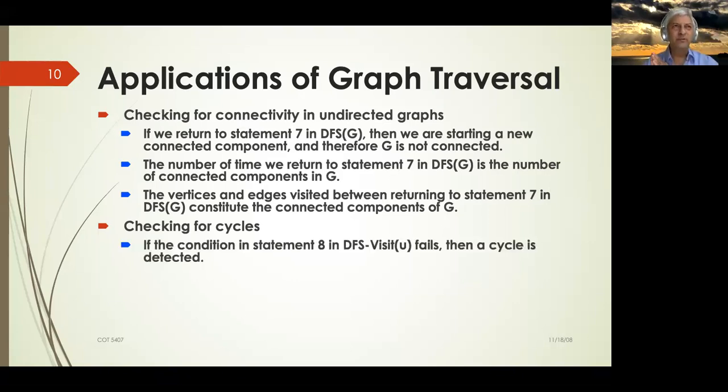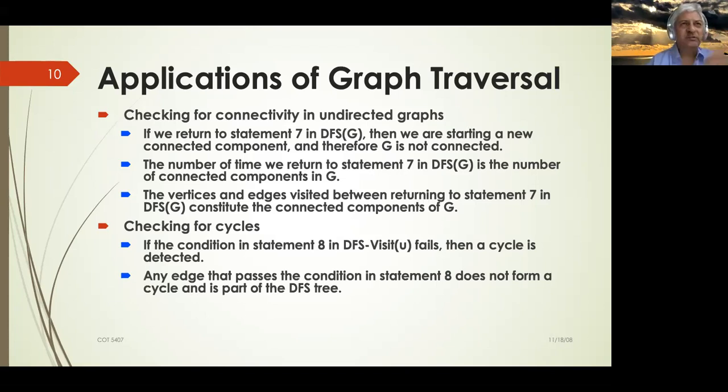So restating what I just said, statement 8 checks whether the vertex is white in color. If that condition fails, then a cycle is detected and you can stop. Everyone okay with this? Yeah.